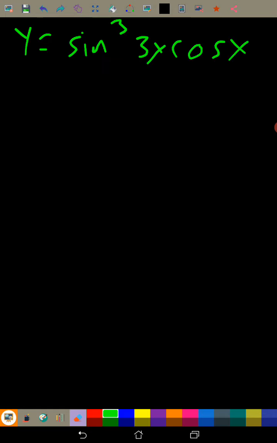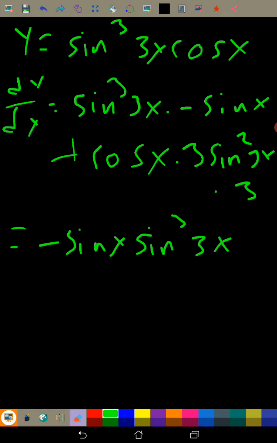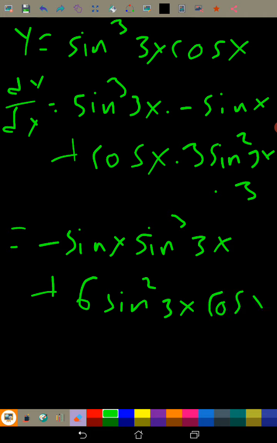So sine cube 3x times minus sine x plus, we have cos x times 3 sine squared 3x times 3, and that gives us minus sine x sine cube 3x, yes, plus 9 sine squared 3x, yeah, cos x.